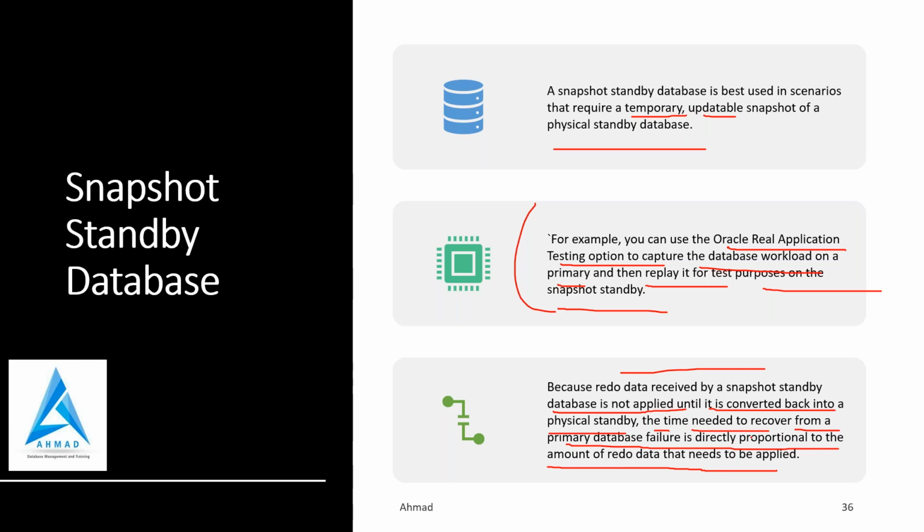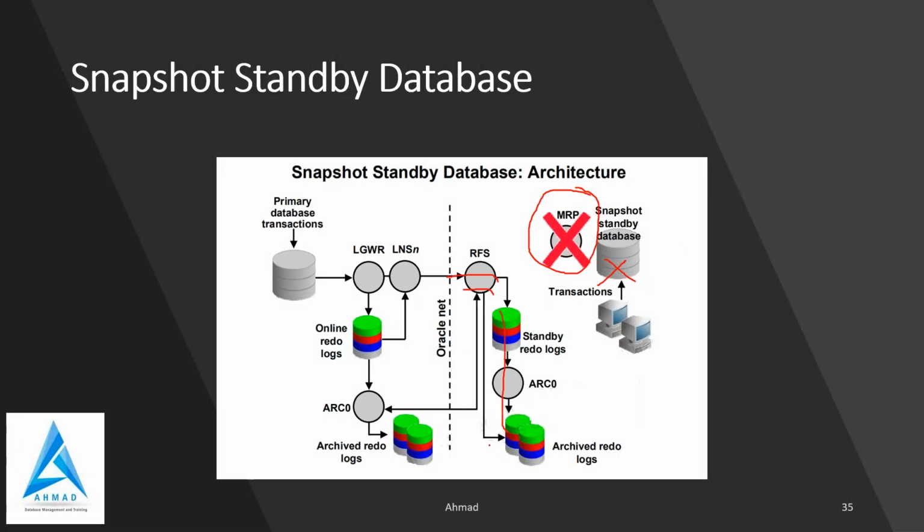So for whatever time your snapshot exists, whatever redo is coming in that time will need to be applied, and that takes time. That is what this statement is saying. Clear? Archives are stored in the snapshot, as I said, as archived redo log files.